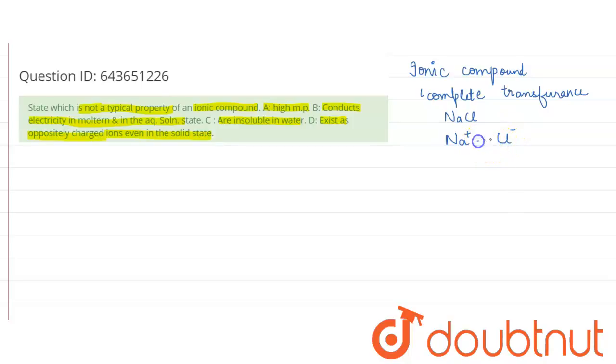That is why an ionic compound is generated in which these ions are held with each other via strong electrostatic forces of attraction between oppositely charged ions. As a result it has got a high melting point. So option A is correct.